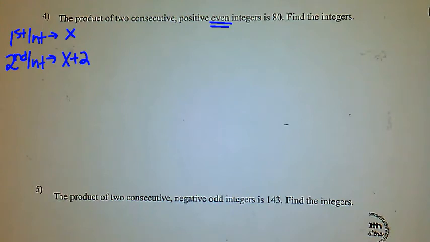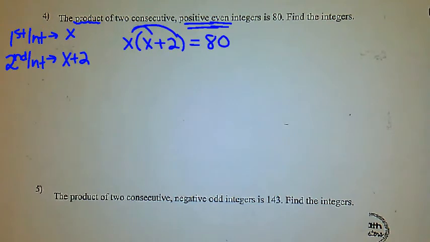Okay, we're doing a product, and our final solution has to be positive, so keep that in mind as well. So we're going to multiply these like before and set them equal to 80. Distribute and subtract 80 over.